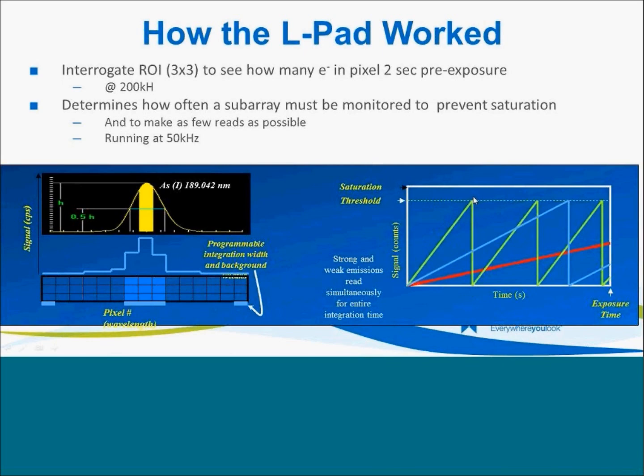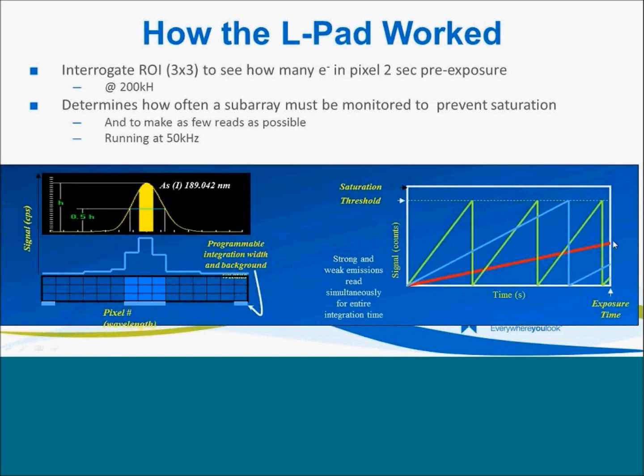I'm going to have to monitor that line a lot to prevent it from saturating. This could be a line like calcium. Say this other one's a line like iron. It's not very weak, but it's not a very bright line. So maybe I don't have to watch it as often. I can monitor it at a smaller frequency. And then some elements, say like arsenic or selenium, they're never going to go to saturation. I'm really not going to have to bother measuring them at all.